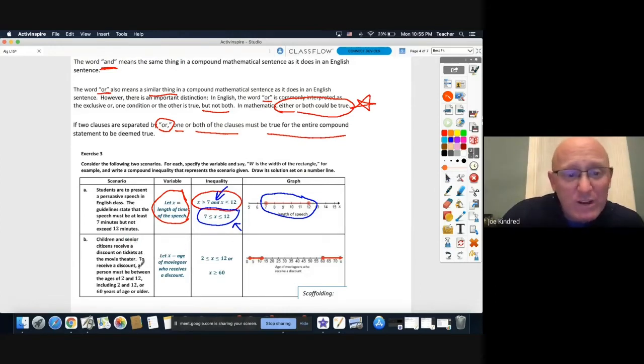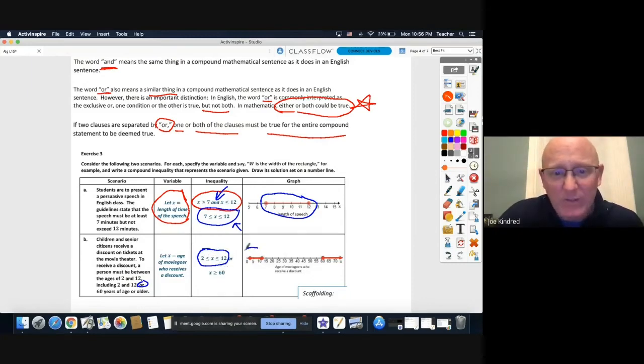Now, the difference is in the next one. It says in the sentence, children and senior citizens receive a discount on tickets at the movie theater. To receive a discount, a person must be between the ages of 2 and 12, including 2 and 12, or, and that's the key word, or 60 years of age or older. And notice, here they have this.